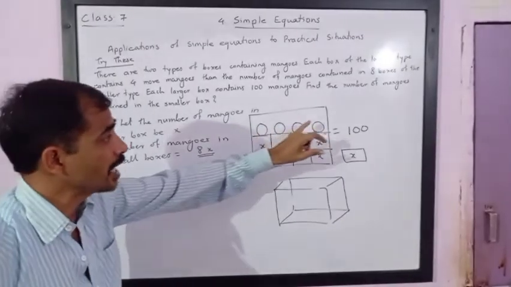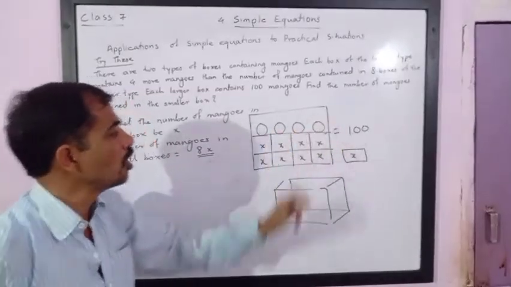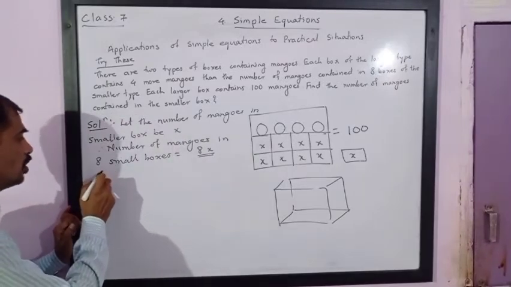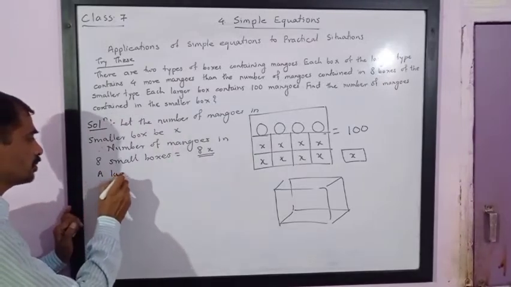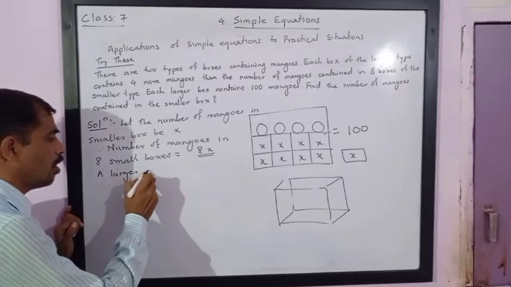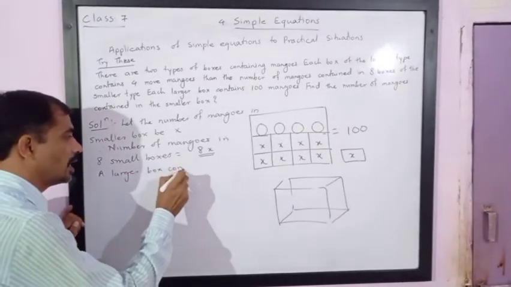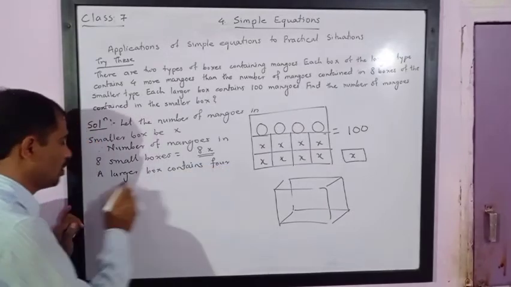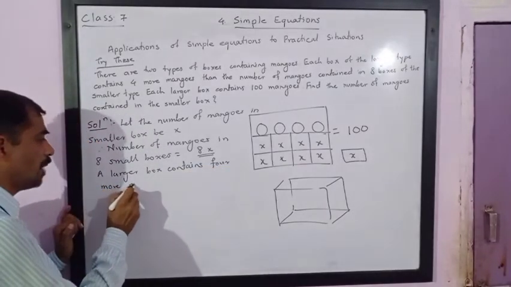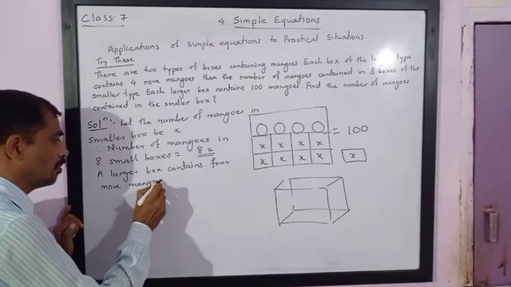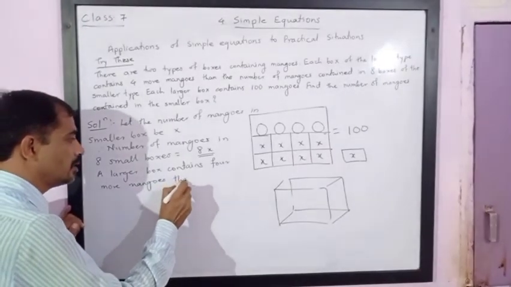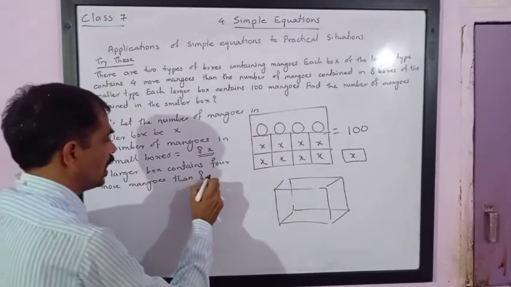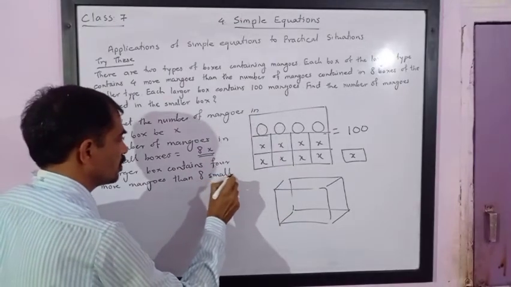Now the larger box contains 4 more mangoes than the 8 smaller boxes.